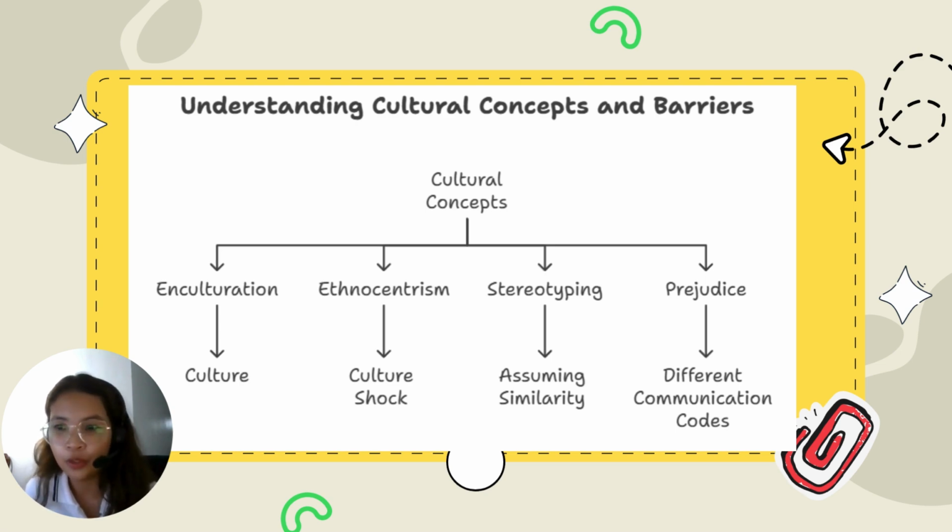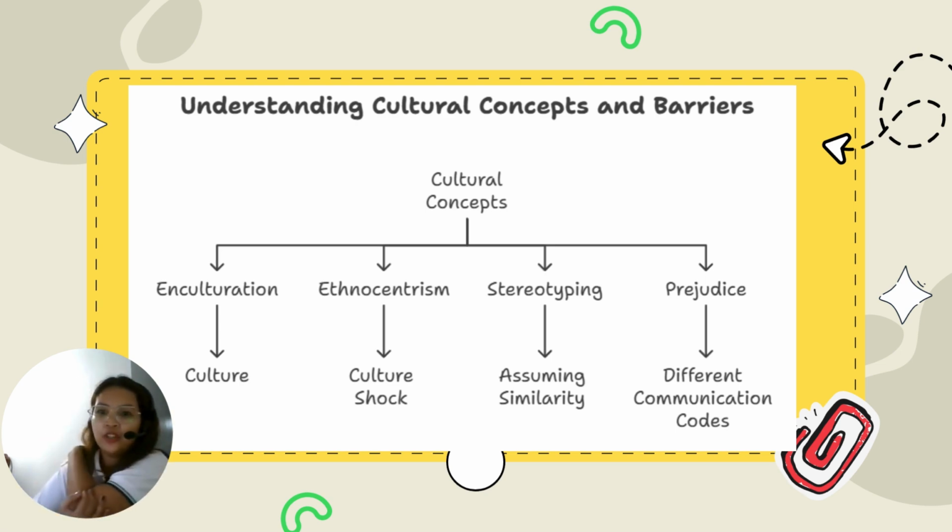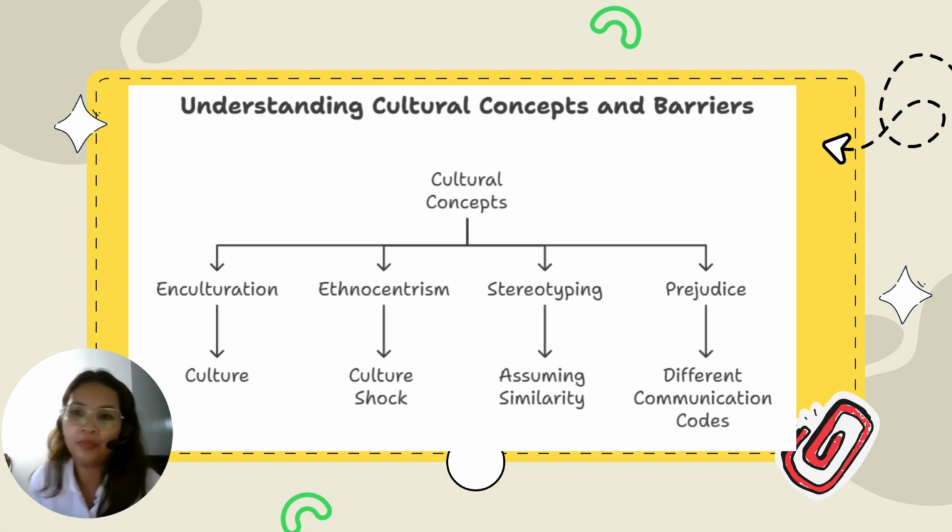Okay, example, ask your classmate to think of a stereotype that they've heard. Example, lahat ng mga dark color yung skin, tinatawag niya na negra, di ba? So that is just one example.